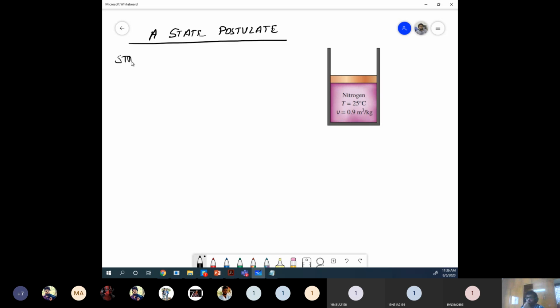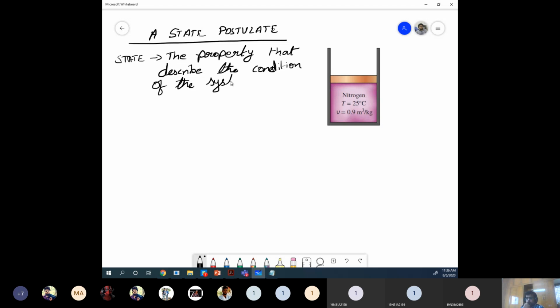The definition of state was the properties that describe the condition of the system. So that was state.